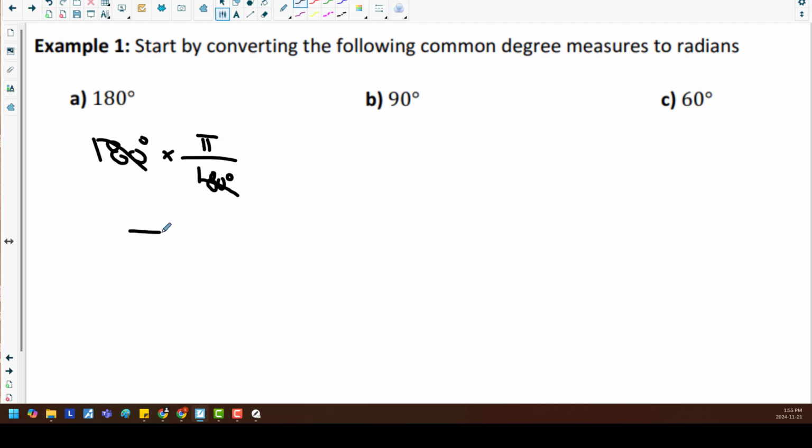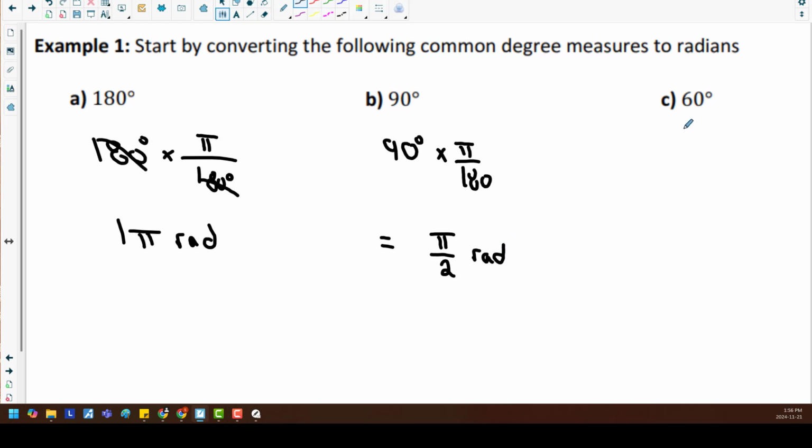So 1 pi radians is the answer when converting 180 degrees. What about 90 degrees? Same thing. You take 90 degrees, multiply by pi over 180, and we get pi over 2 radians.